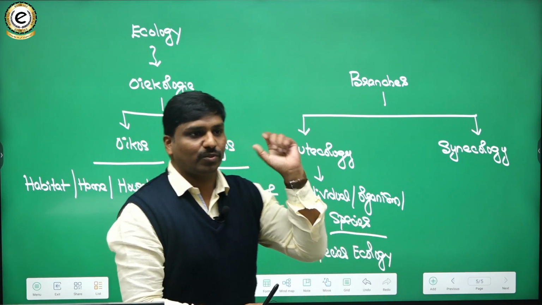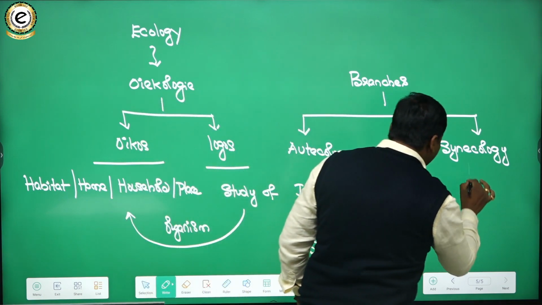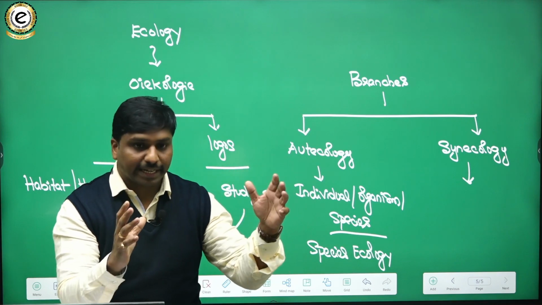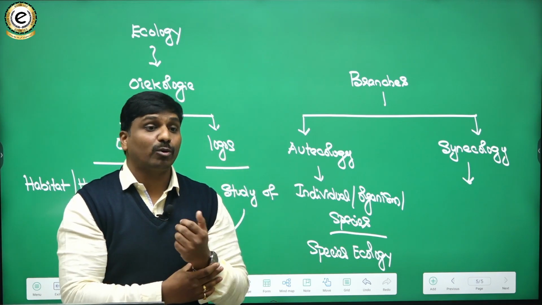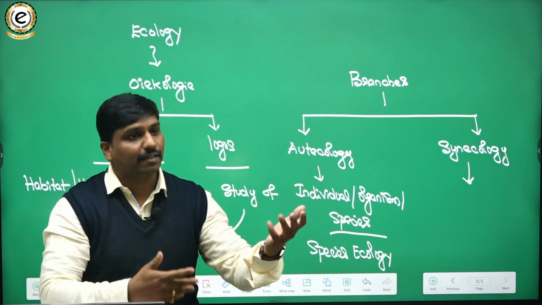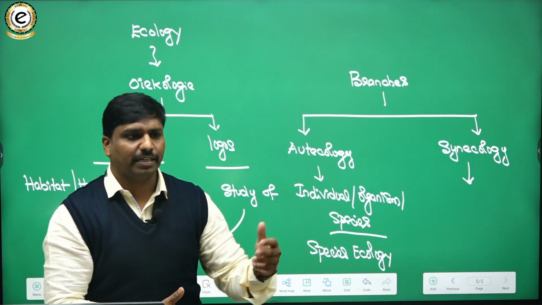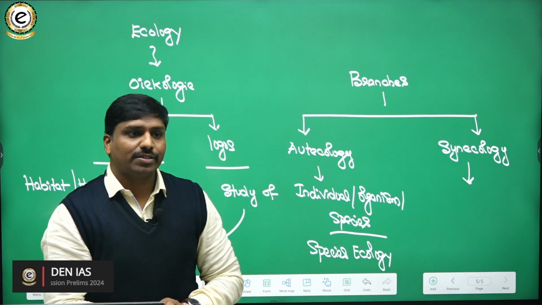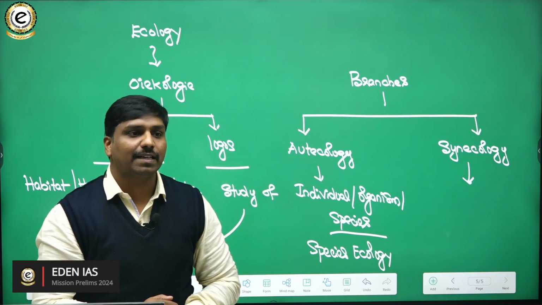Can you remember? And then what is synecology? Synecology means if you take an ecosystem, there would be a lot of species of organisms. Let's say tiger species, deer species, horses, elephants. So there would be various species of animals.